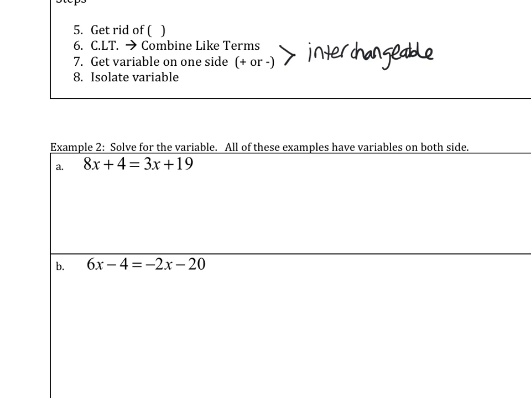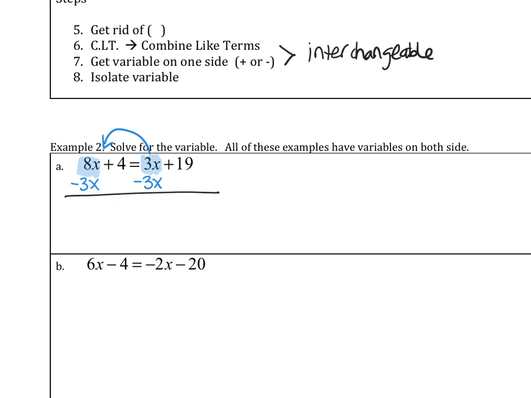So I noticed that my 3x can in fact be combined with my 8x, but I want to move it onto the left side. So I want to move this 3x onto the other side. Since it is positive, in order to move that onto the left side, I'm going to subtract it from the right side and subtract it from the left side to solve here, okay?